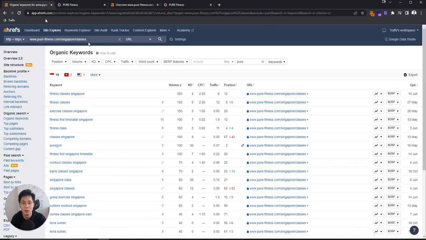So this is how you actually look at your pages, decide what pages you have already, and decide what keywords you're going to map to this specific page. So this is keyword research for existing pages.